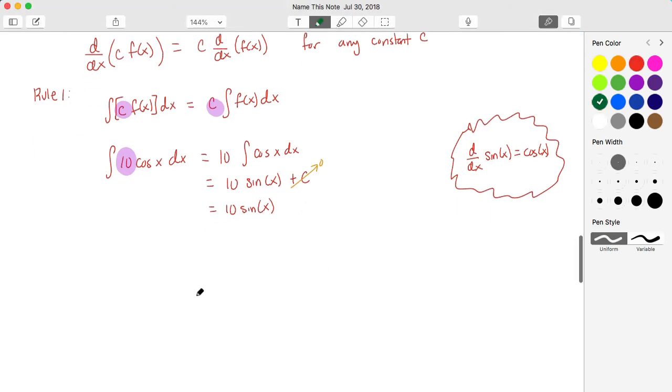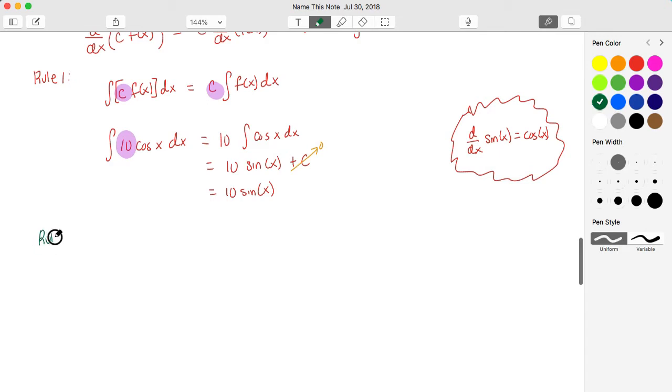All right, rule number 2 now. And this rule is defined by the following. If we take the integral of f of x plus g of x with respect to x, we can say that that's the same as taking the integral of f of x dx plus the integral of g of x dx.